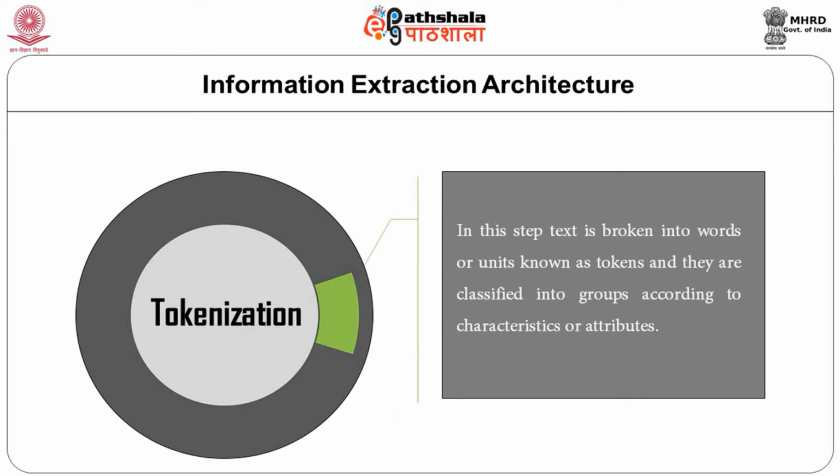The next step is called tokenization. In this step, text is broken into words or units, as is usually done in the process of tokenization, and these little units into which we break down the text are known as tokens. These tokens are classified into groups according to their characteristics or attributes.